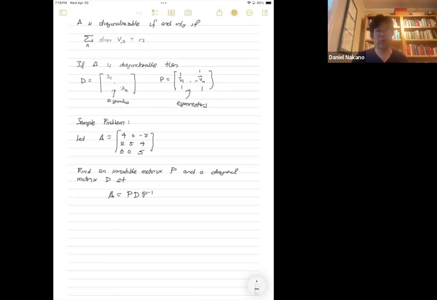Basically you want to show that A is diagonalizable. Of course, in order to do that, you have to find the eigenvalues, find the eigenvectors, and then put things in the right form. This is a good exercise for preparing for the final exam.